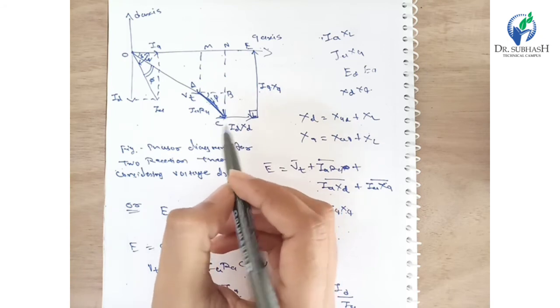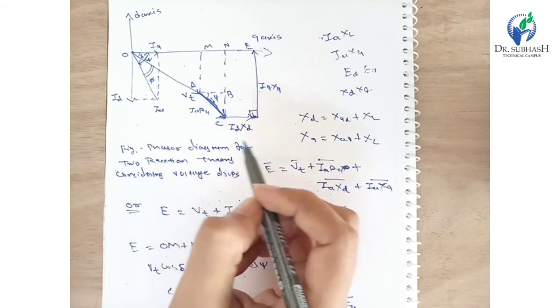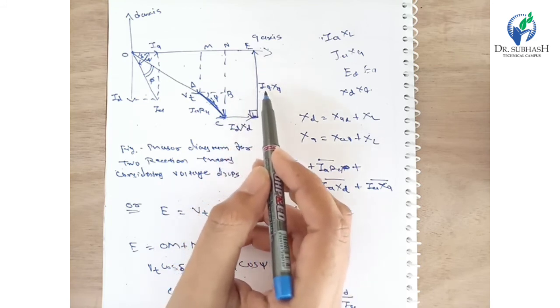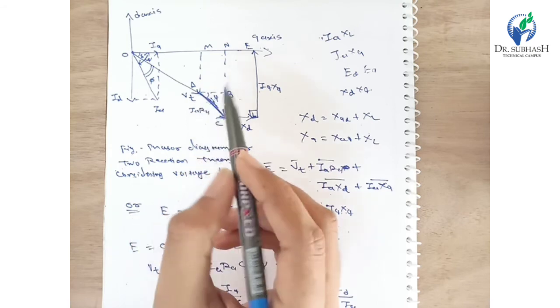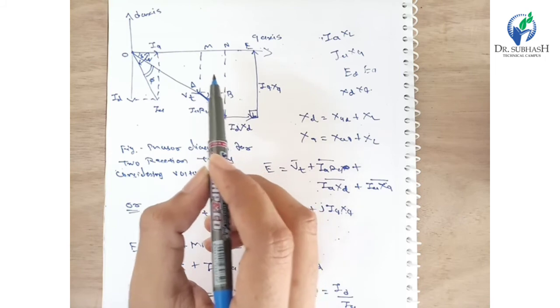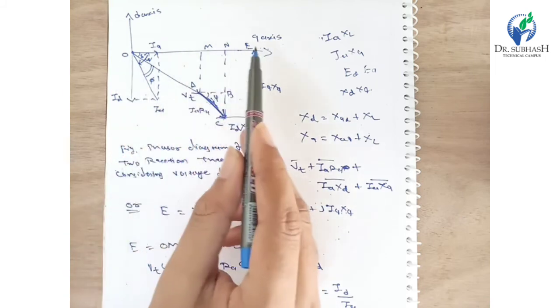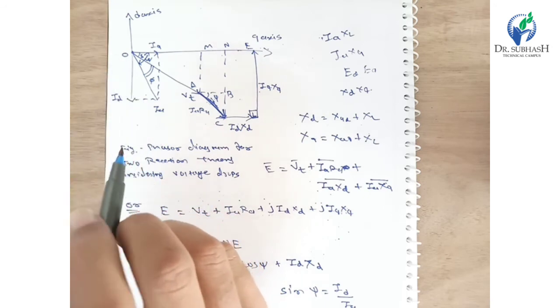The lagging of Q is by 90 degrees, hence this drop is a vertical form. Thus, all the voltage drops are added to the terminal voltage Vt, and the resultant obtains the EMF value, with the notation of the different angles in the phasor diagram.